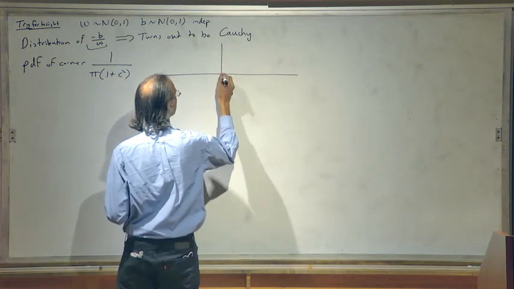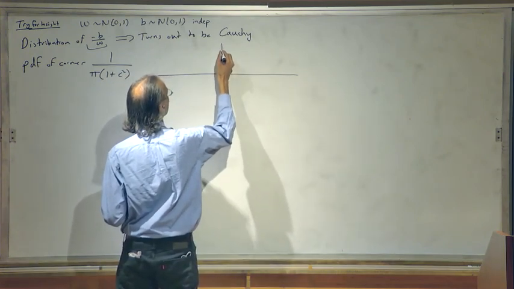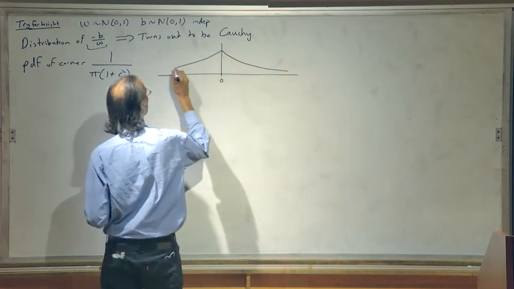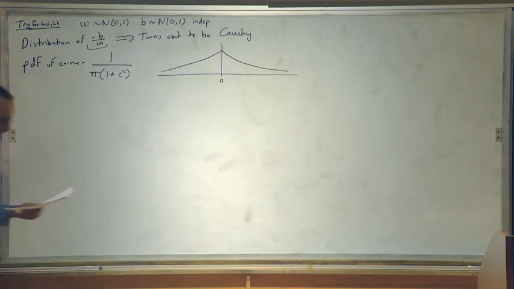Well, it's peaked at 0, and it goes down like that. So this particular PDF tells us where that corner is randomly going to show up. So it's useful and interesting to recall some properties of the Cauchy distribution.